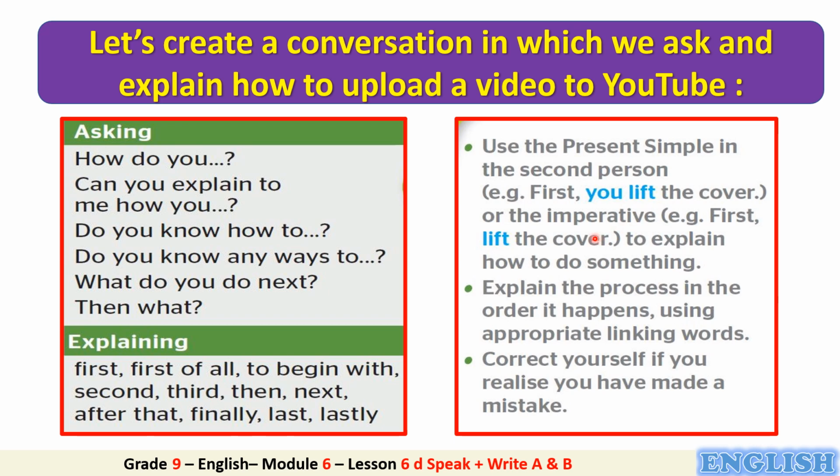When we use the imperative, we use the verb in the infinitive without a subject. Then, explain the process in the order it happens, using appropriate linking words. Last, correct yourself if you realize you have made a mistake.